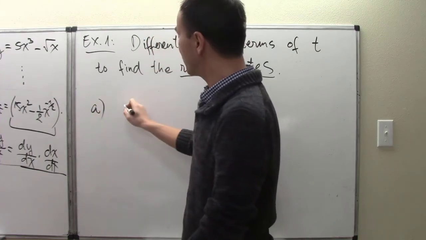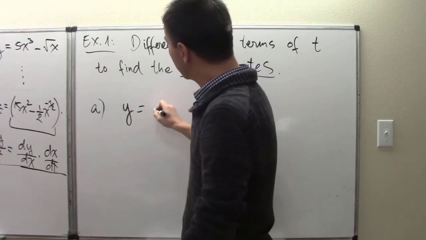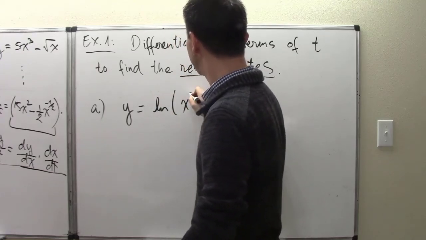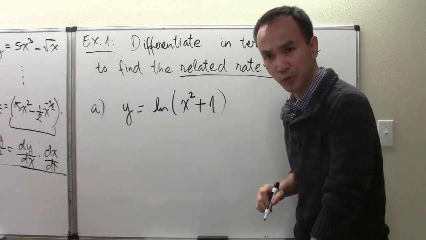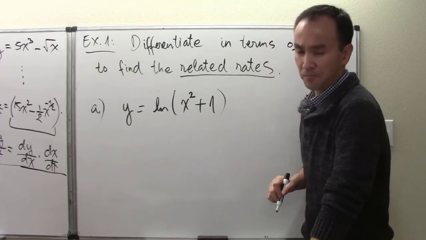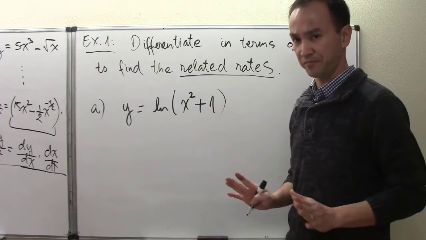Our equation is y equals natural log of x squared plus 1. All I need you to see now is that it's an equation.